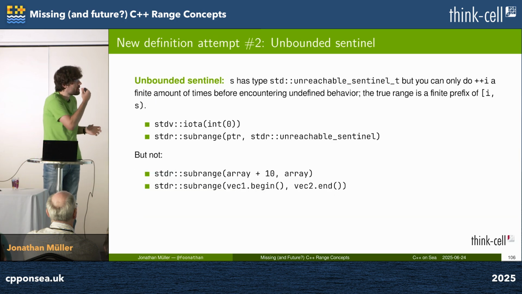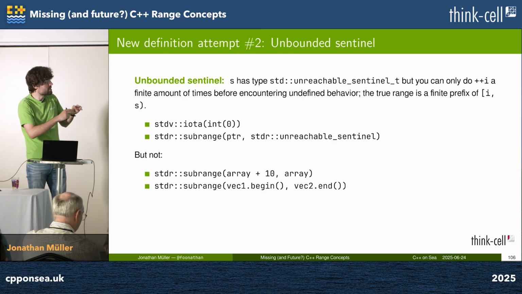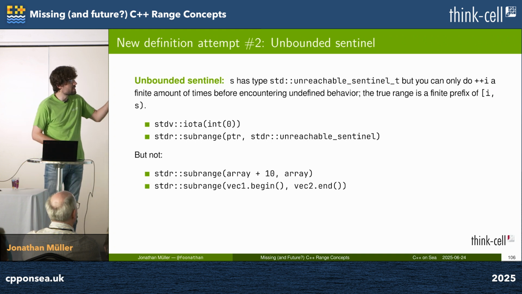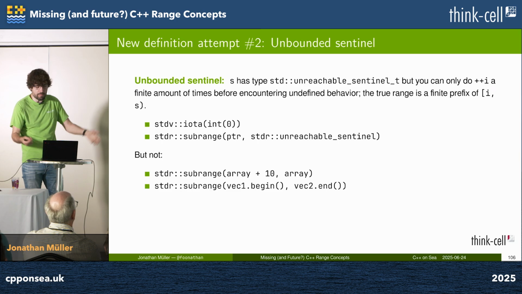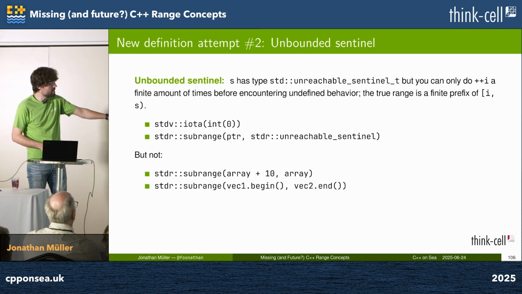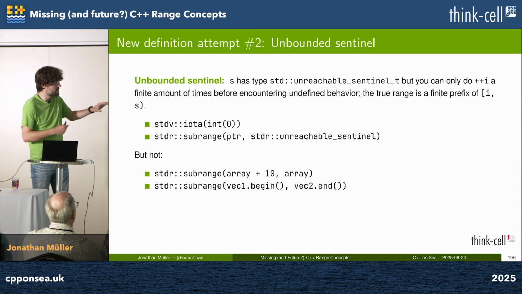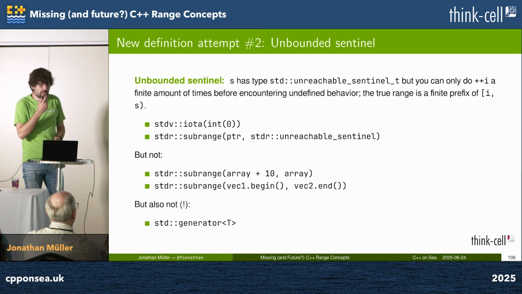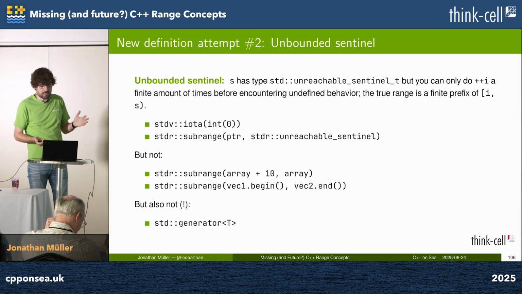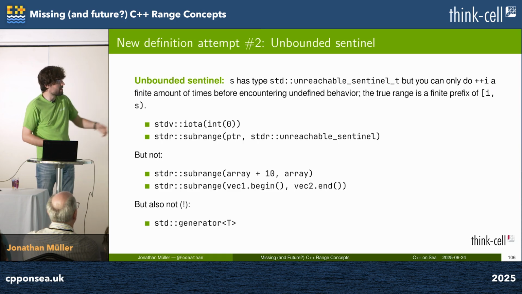So maybe we make it stricter and say, okay, we still have the same semantics for unbounded and sentinel, but only the sentinel type unreachable_sentinel_t makes it valid. So iota works, and the subrange, but not the true infinite ranges, because we're not using the unreachable_sentinel_t, right? This is good. But we now also don't allow a std generator that is infinite or finite, because it doesn't have unreachable_sentinel_t.